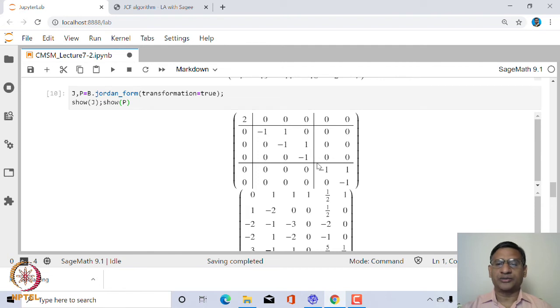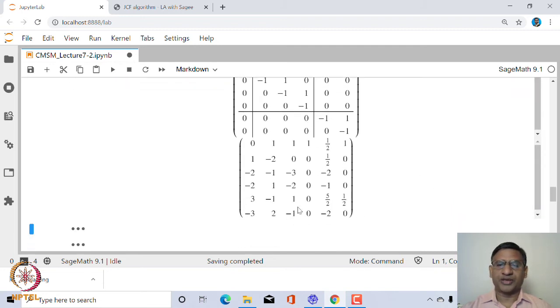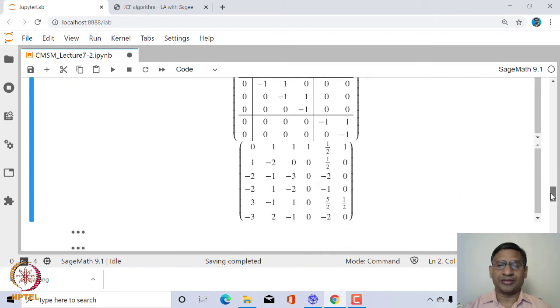Minus 1 has algebraic multiplicity 5, right. And this is the matrix P, a matrix consisting of the Jordan basis. This is the eigenvector with respect to eigenvalue 2. These are not all eigenvectors. These are what are called generalized eigenvectors of A with respect to eigenvalue minus 1, right. So this is how you can find the Jordan canonical form of any matrix.